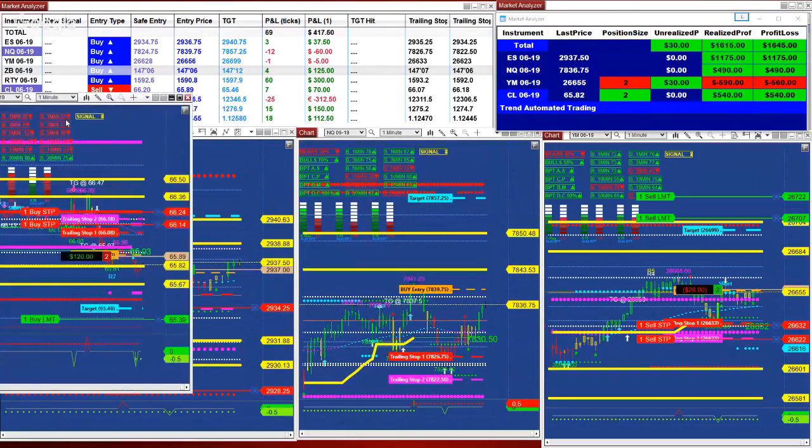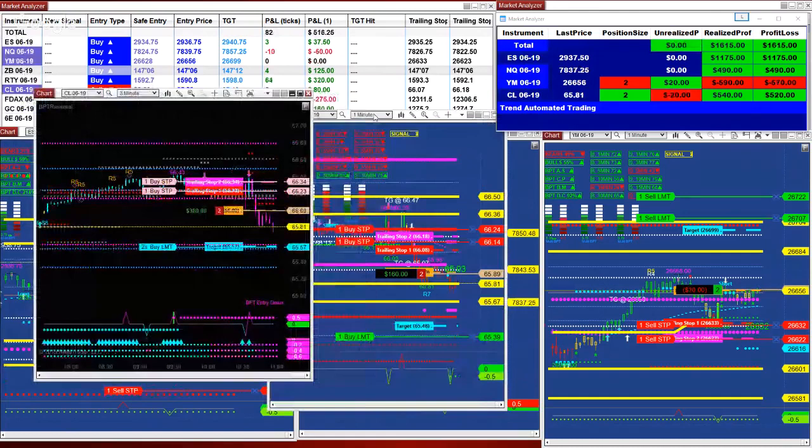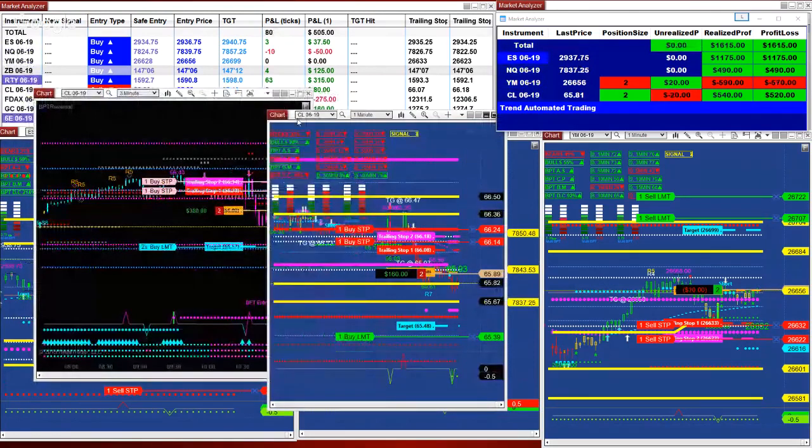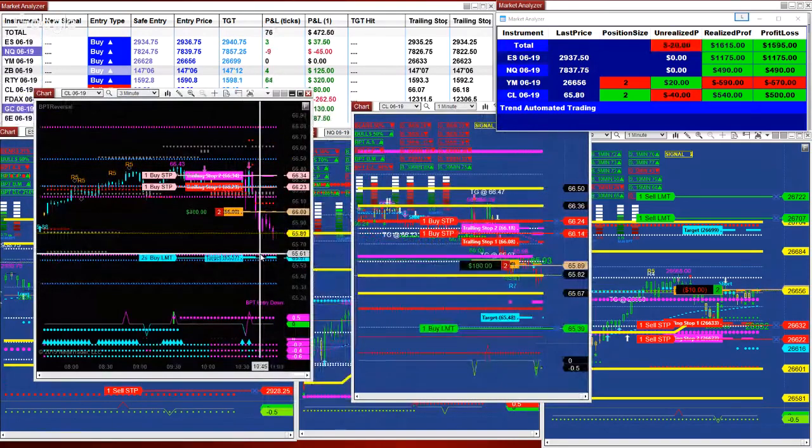The only thing working fine at the moment is the CL, and that's why the CL is going in the perfect direction, and the target on the CL is at 65.61, and once you hit the target at 65.61, it is finished and done and over with. On the CL, there is not much left.